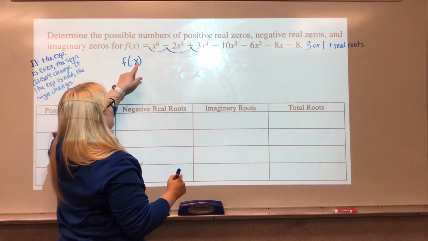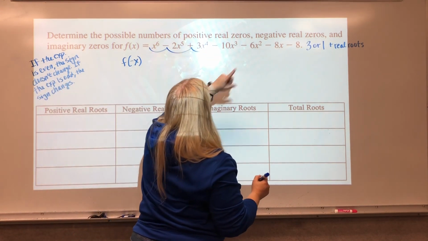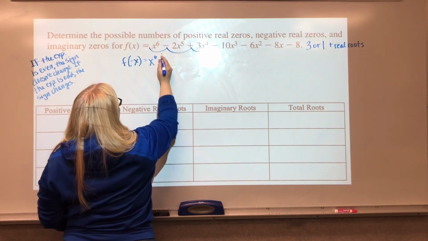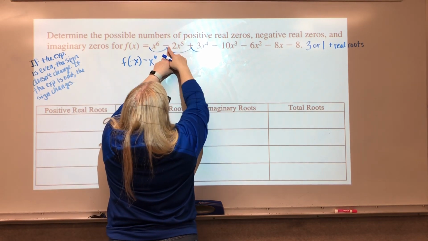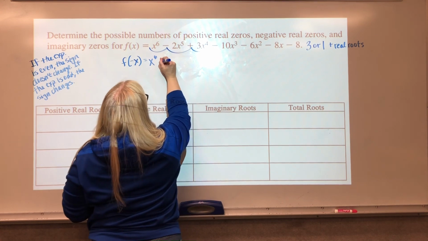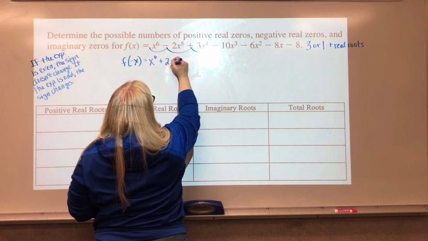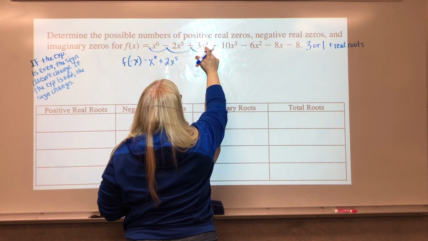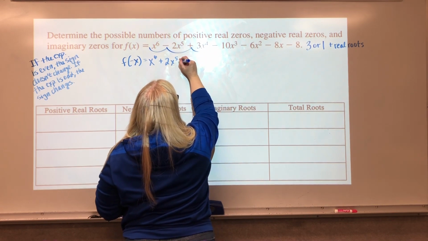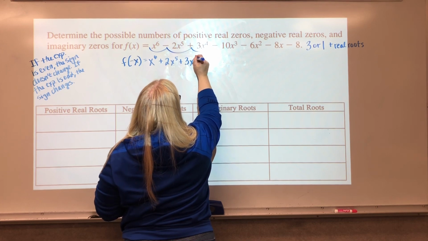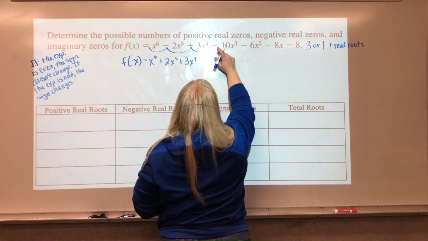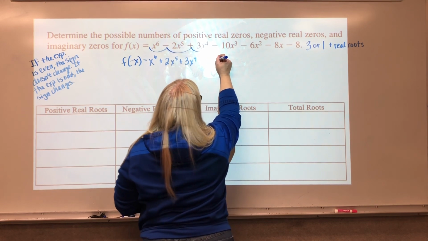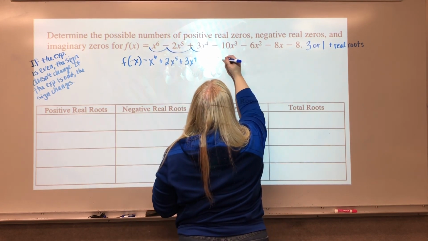Okay? So let's plug negative x in for all of these x's. So this is even, so the sign doesn't change. But this is odd, so this sign is going to change. So I have a positive 2x to the 5th. This is even, so the sign stays. This is odd, so the sign changes. Even stays the same.